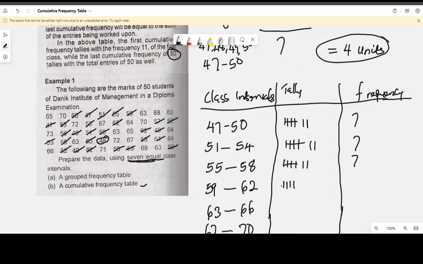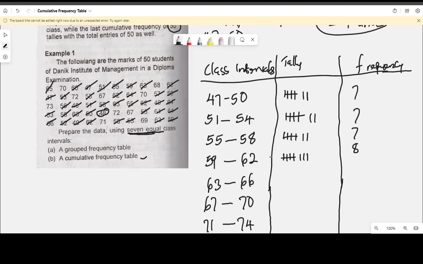Then the next interval is 63 to 66. Counting through, there are 11.